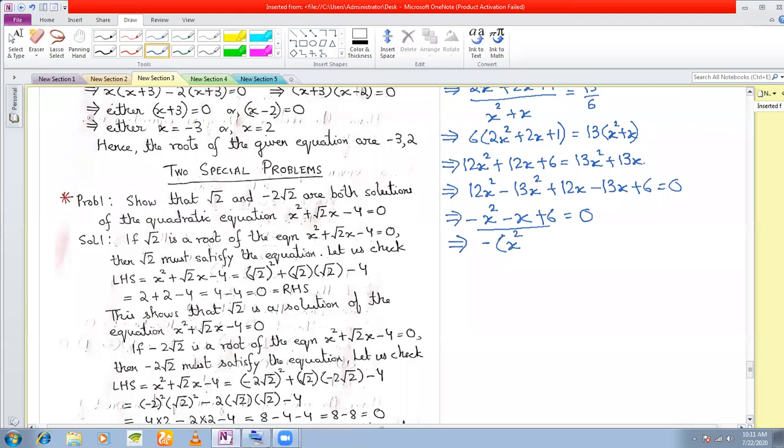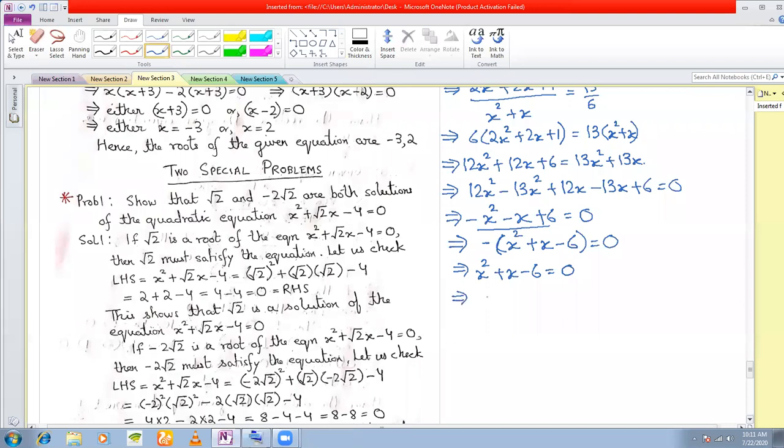But since minus with an x square does not look good in a quadratic equation, we would like to make it a positive sign. So you take the minus common: x square plus x minus 6 is equal to 0.